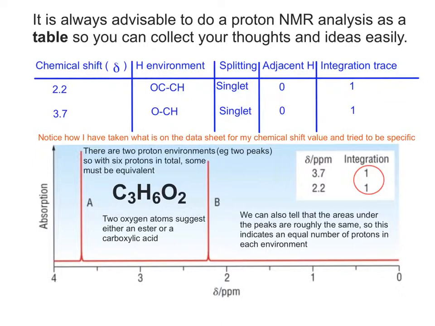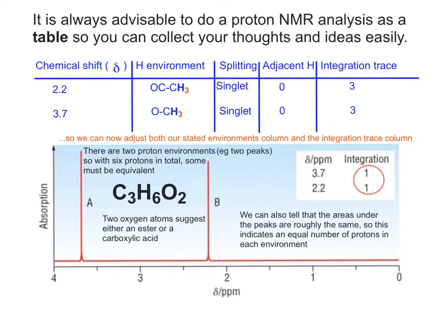So they're unlikely to give me marks for simply copying down 1 and 1. So I need to think about this. We have 6 protons in a ratio of 1 to 1. So all we now know is that they're a 1 to 1 ratio. So we can actually adjust both our stated environments column and the integration trace column.